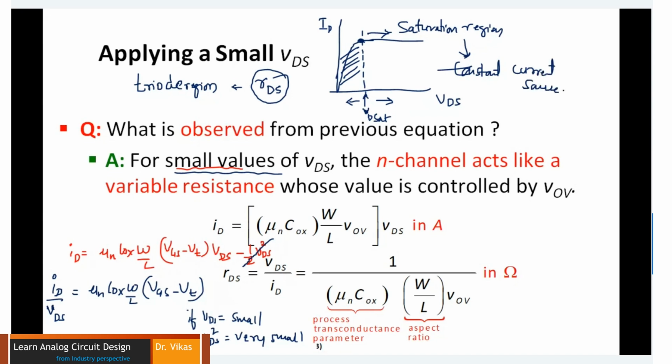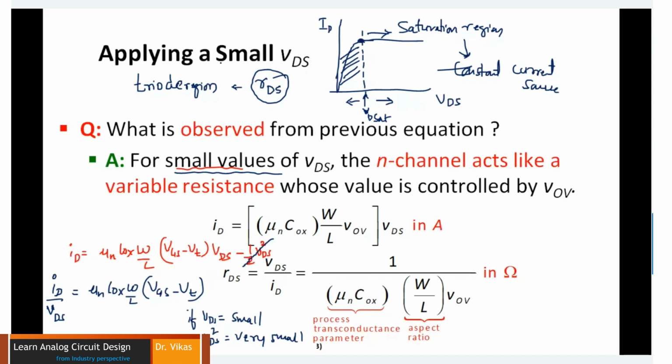That means I can see two different behaviors of my MOSFET: before the saturation region, that is in the triode region, my MOSFET behaves as a small resistance with a value 1 upon mu n C ox W by L times VOV. And after a particular value of VDS, where it enters the saturation region, the MOSFET behaves as a constant current source.